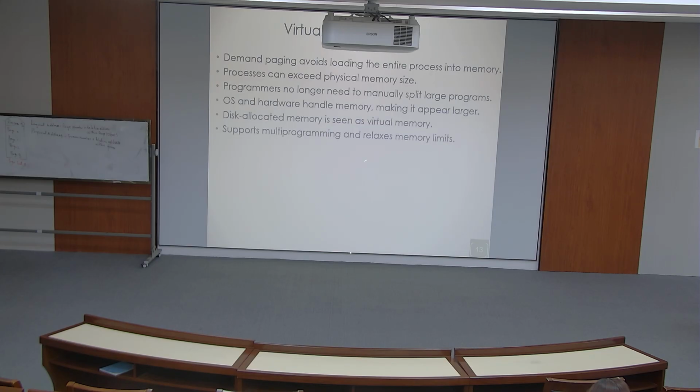So to solve this issue, programmers no longer need to manually split the large program. Instead, the operating system and the hardware handle the memory and make it appear bigger. So we use disk allocated memory, which has to seem like a virtual memory, and which has to support multi-programming.